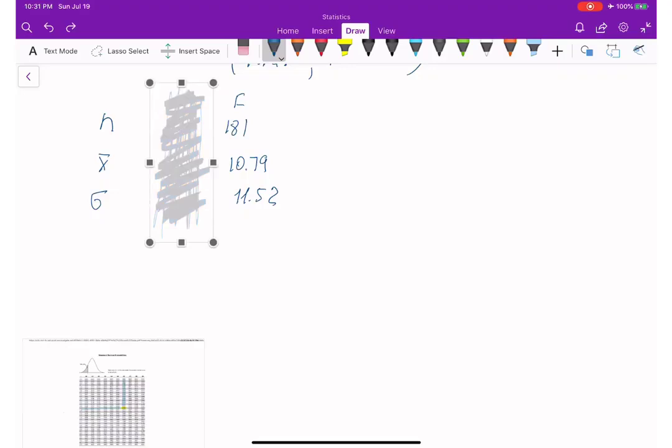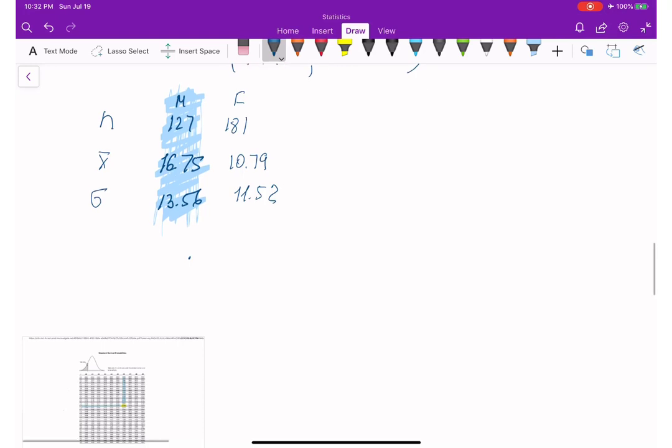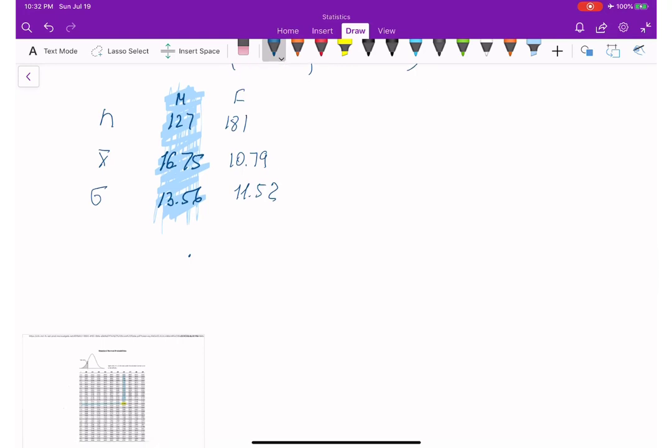So it's 13.56, 16.75, and so on. All right. Let's see how we are going to work with it. And the confidence interval is 95%. C is 95%. Okay. Let's start working on it.